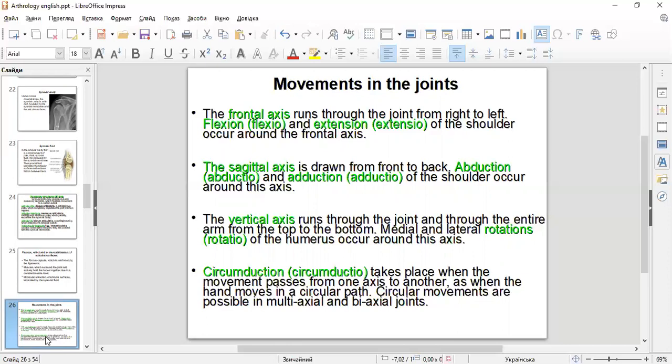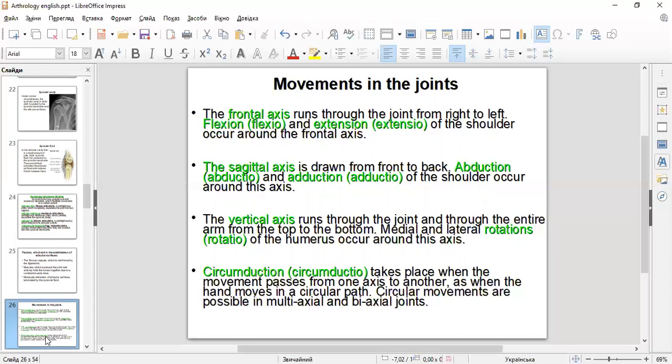Abduction, abductor, and adduction, adductor of the shoulder occur around this axis. The vertical axis runs through the joint and through the entire arm from the top to the bottom. Medial and lateral rotations, rotatio, of the humerus occur around this axis.